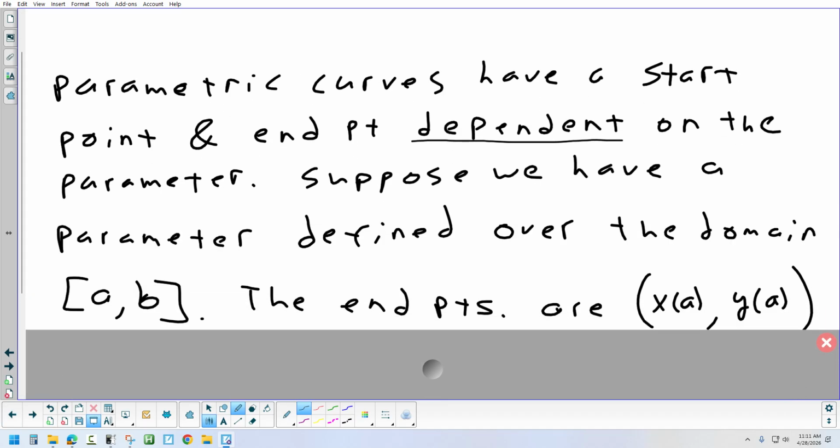So let's say that we have a parameter. I don't want to use 0 to 1. That's specific. Let's just say we have a parameter and we can plug in numbers from A to B. The low value that they allow you to use is going to control where the graph starts.